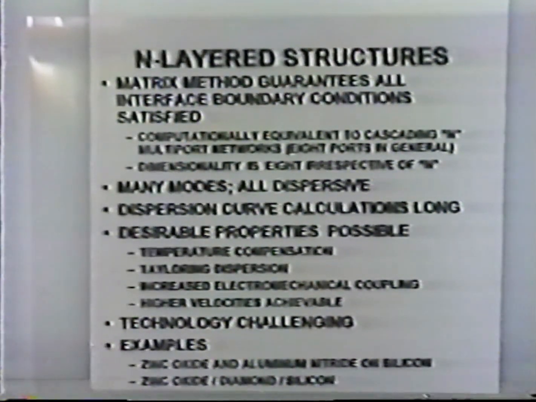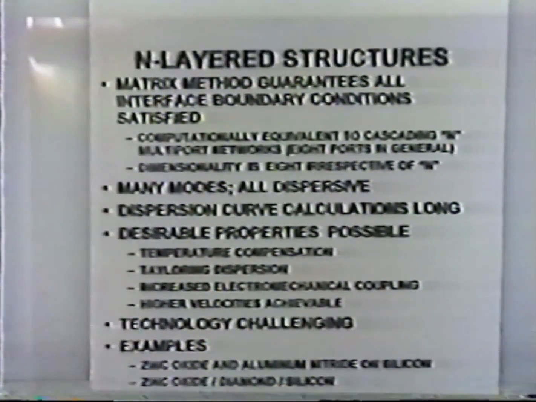The first thing is that the matrix method, by virtue of the choice of variables, guarantees that all interfacial boundary conditions are satisfied. I'll show you exactly how this comes about in just a moment. From an analytical point of view, it's computationally the same as cascading multi-port networks using an ABCD type of matrix description.